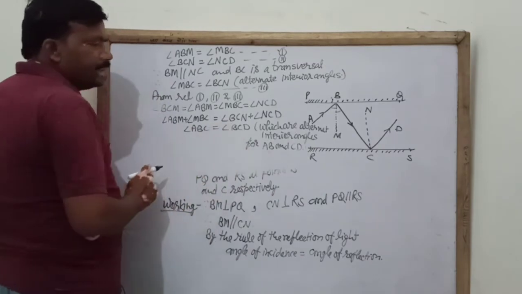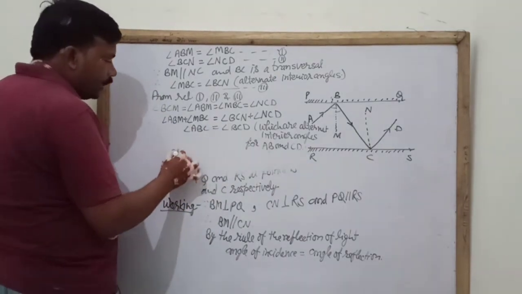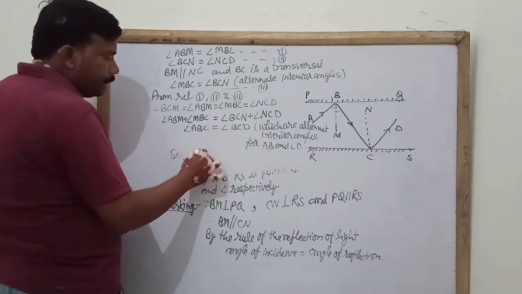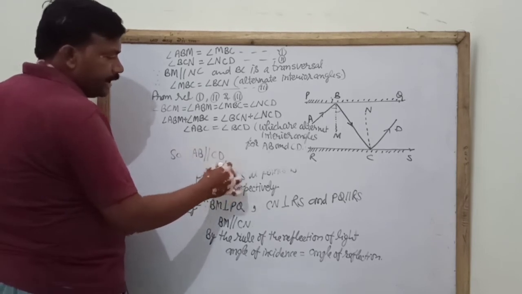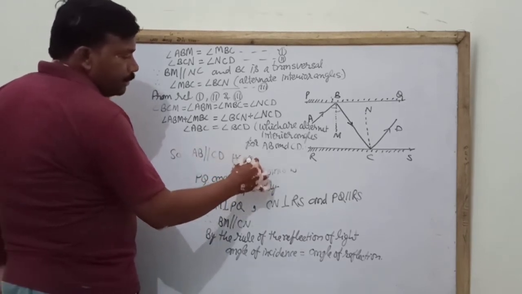Since alternate interior angles are equal, AB is parallel to CD, hence proved.